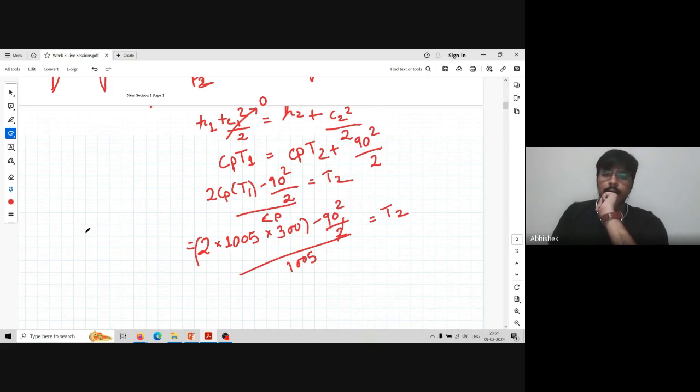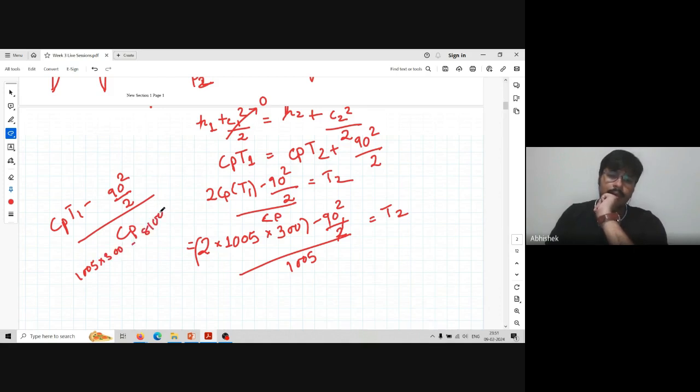So it will be T2 equals T1 minus 90 square by 2 Cp. Just do it: 1005 into 300 minus, what is 90 square? 8100 by 2 by 1005.